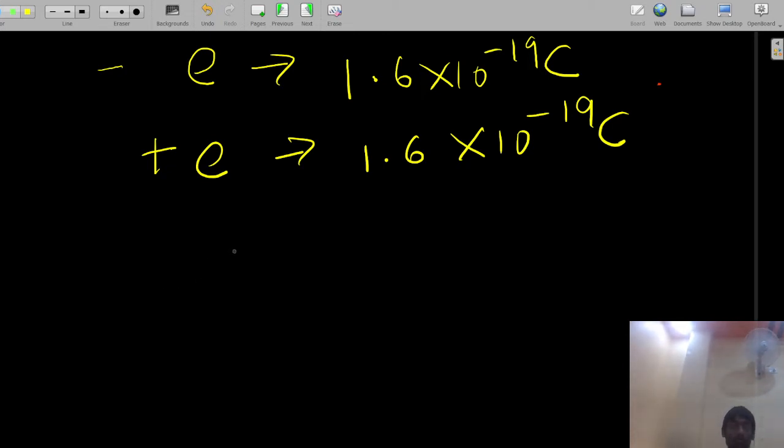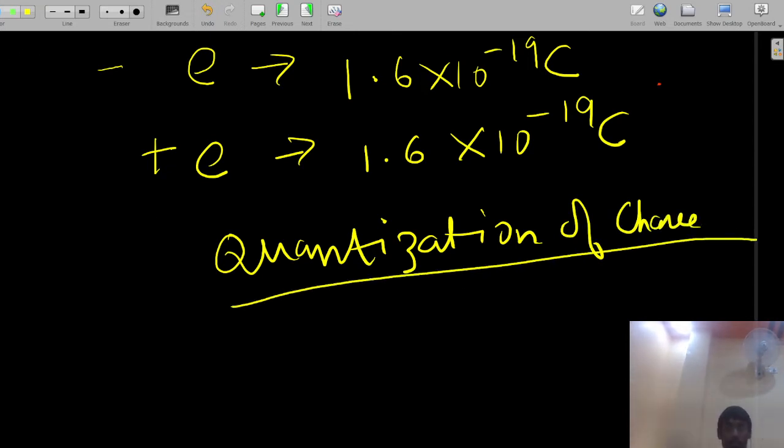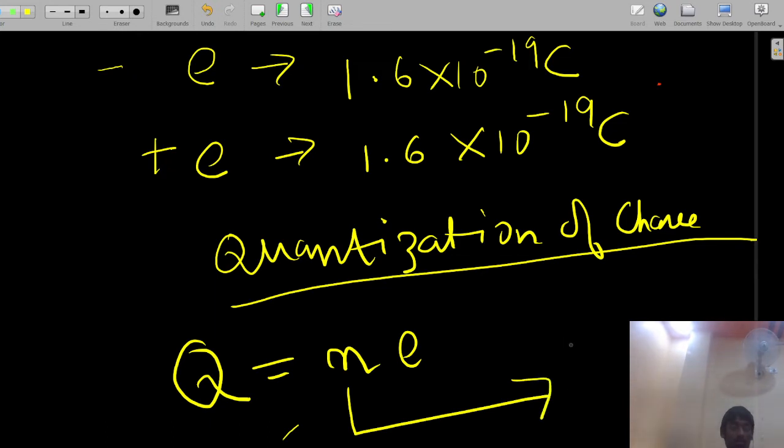Then next comes our topic, that is quantization of charge. The quantization of charge states that the charge that can be given to a body can only be an integral multiple of the charge of an electron, that is 1, 2, 3, and it is always an integer.